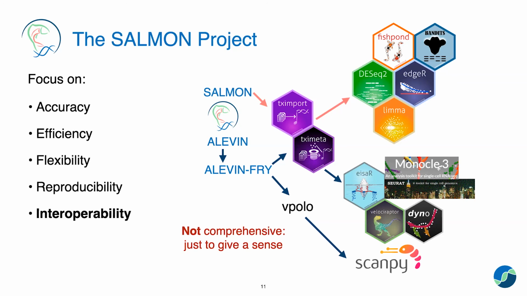And then in single cell in particular, Scanpy has become pretty popular for folks who want to use Python. For that pathway, we maintain a Python package developed by a former graduate student of mine, available on Bioconda and pip, called pyroe, which is for importing the output of Alevin and Alevin-fry into Python data structures for downstream use with Scanpy.